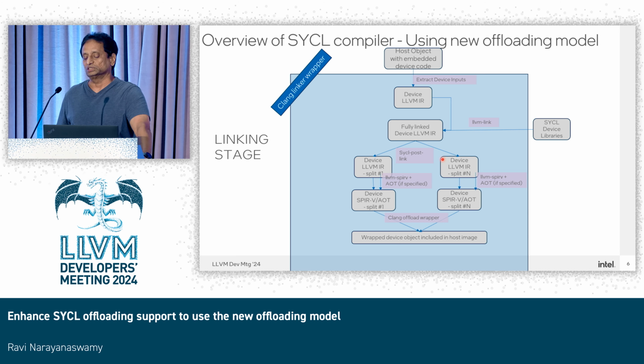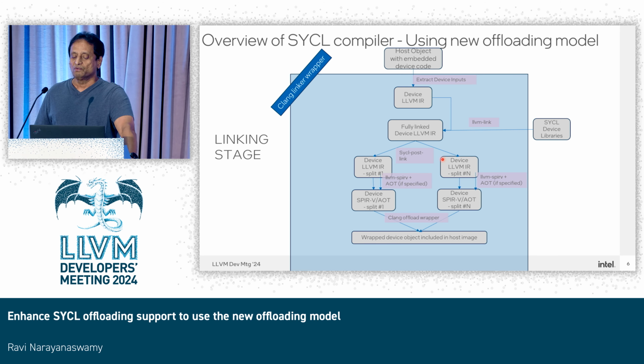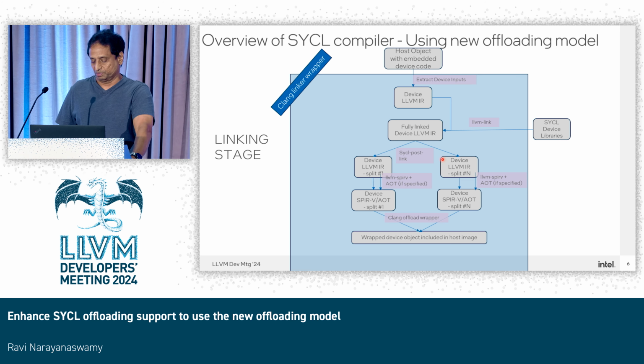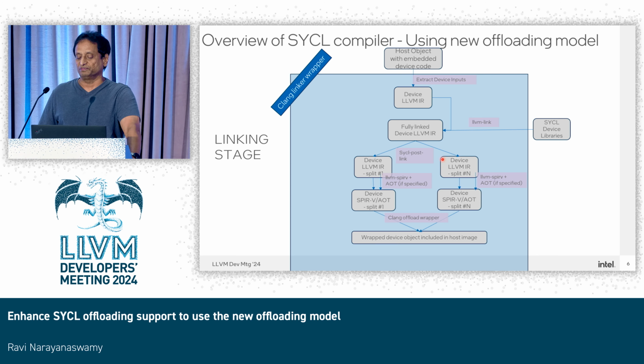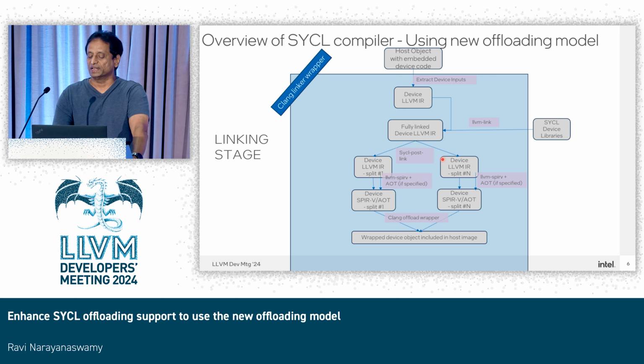What we use is a tool called clang-offload-wrapper. We wrap up all the multiple images if they have been split. Sometimes we may not split it, and it will be a single image, and then we invoke the clang-offload-wrapper to wrap it into a single file. The wrapped file is an object file which can then be embedded into the host image.